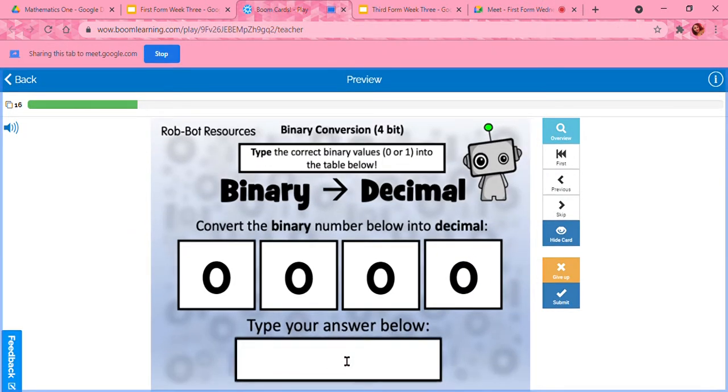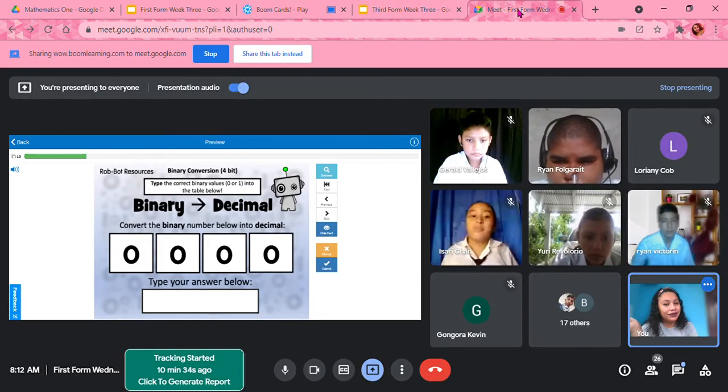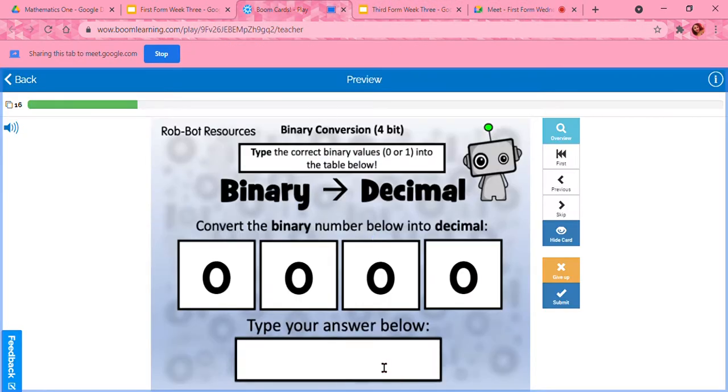So my answer for this one, what would it be? 0. Very good. So I'm going to type in a 0 there. And then I want to submit my answer, and it is correct. What will be the answer for this one? 1. Very good.